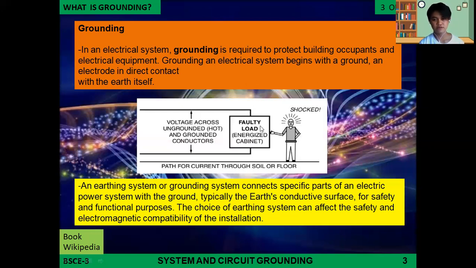Hinawakan ng tao, kasi siguro wala siyang grounding conductor kaya siya nakuryente. Kaya required talaga at mahalaga yung grounding system sa paggawa natin ng ating mga buildings. Need yung grounding conductor.